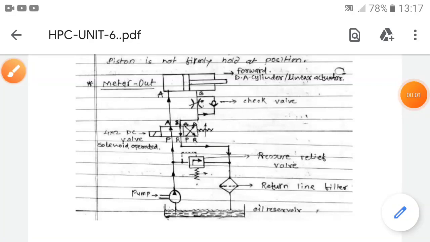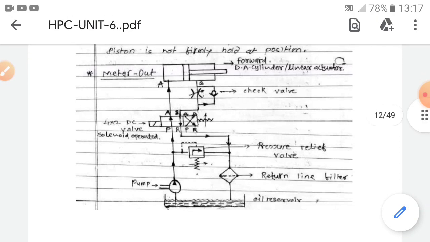So in that type of circuit we can control the flow of a fluid by using a flow control valve mounted on a return line. That type of circuit is known as a meter out circuit.